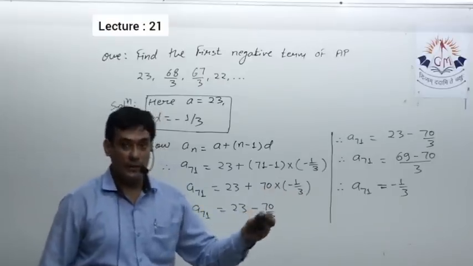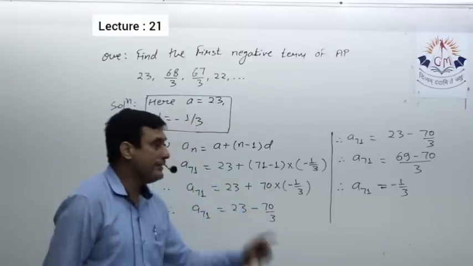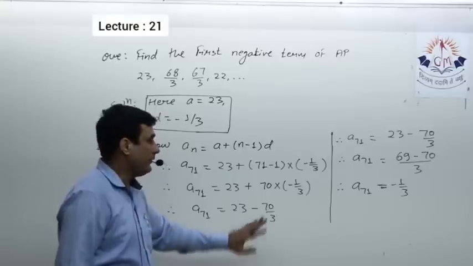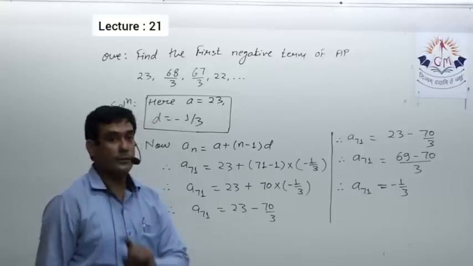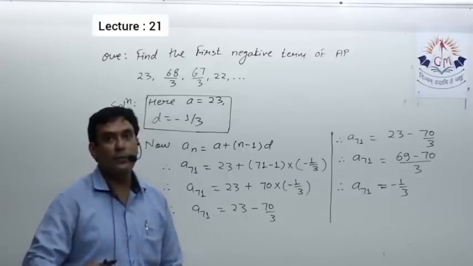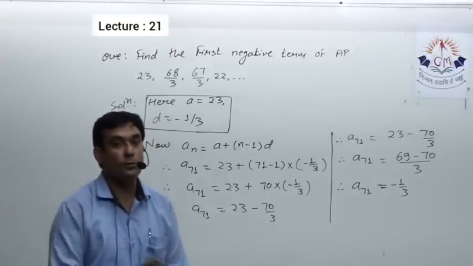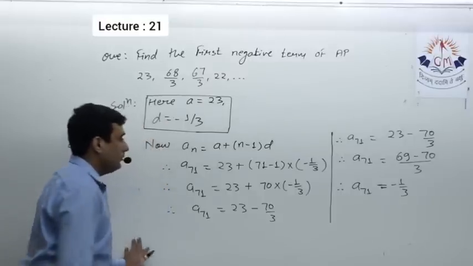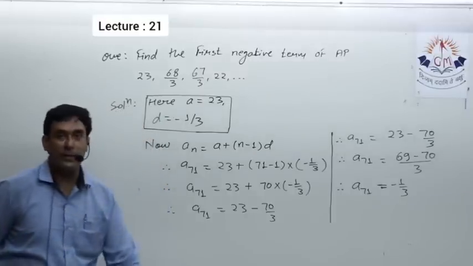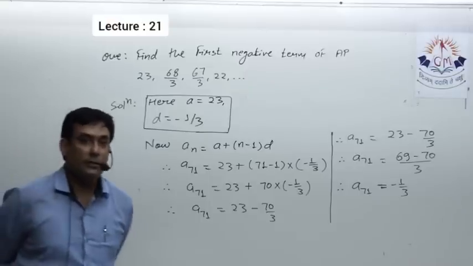Now is it the first negative term? Just for our confirmation, we'll check A70, whether that term is either 0 or positive. That means it should be non-negative. So note it down, then we'll find A70 to verify our answer.